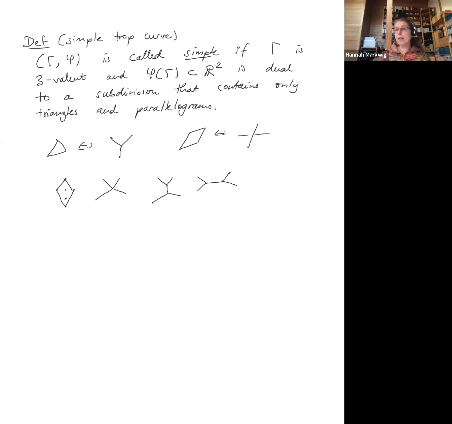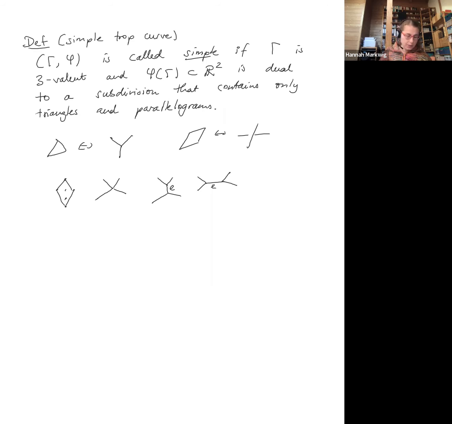And then you gain a parameter of freedom, you gain a new length for a new edge, right? And so you grow in dimension.